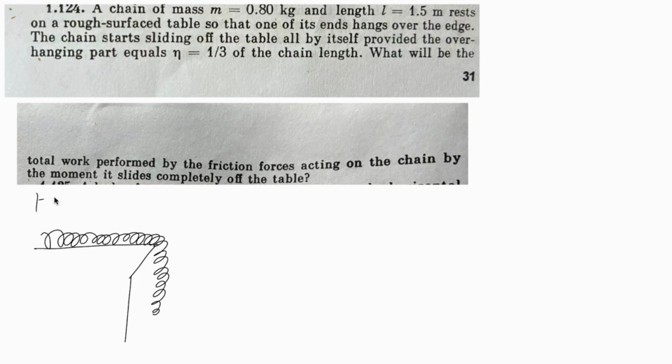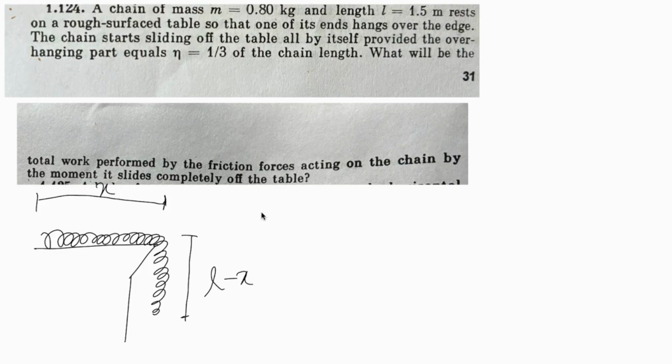So let's assume that the length of the chain on the table to be x and the remaining hanging part is L minus x, since the net length of the chain is assumed to be L. Okay, and we have considered uniform mass density, which means uniform linear mass density, which means that mass per unit length is the same in all points of this chain.